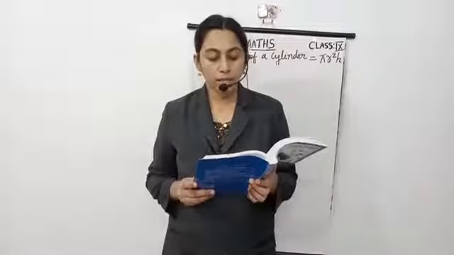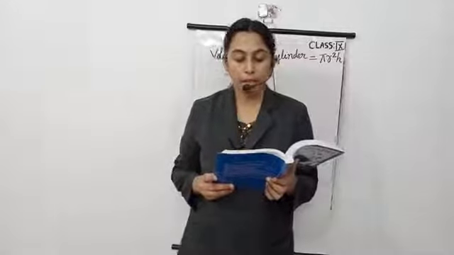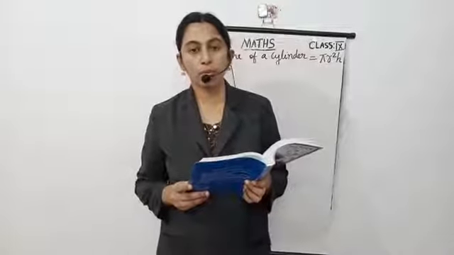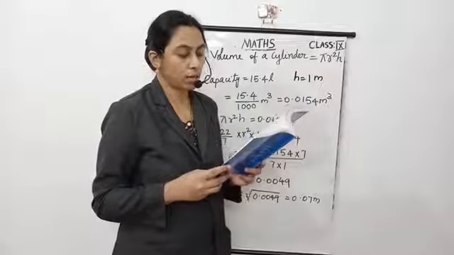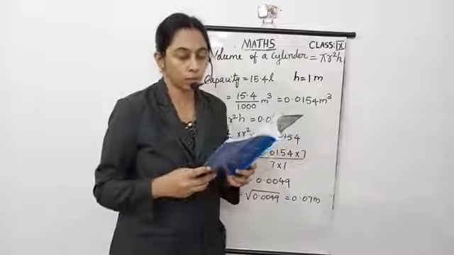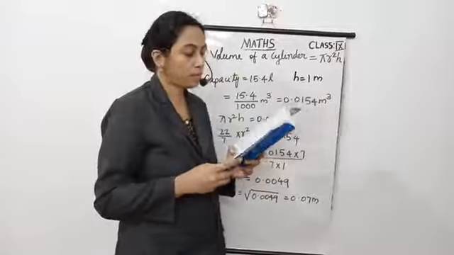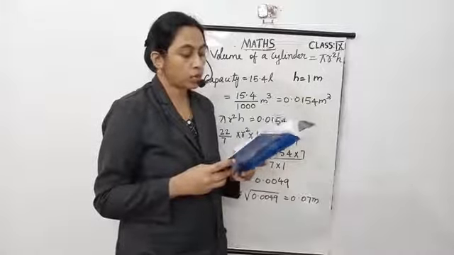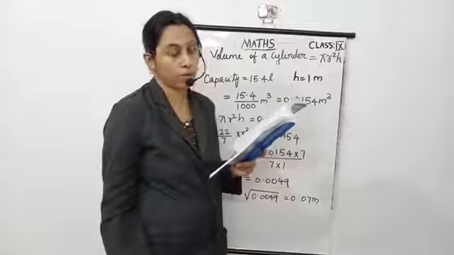Now question 6. The capacity of a closed cylindrical vessel of height 1 meter is 15.4 liters. How many square meters of metal sheet would be needed to make it? It is a closed cylindrical vessel, so we need to find its total surface area.